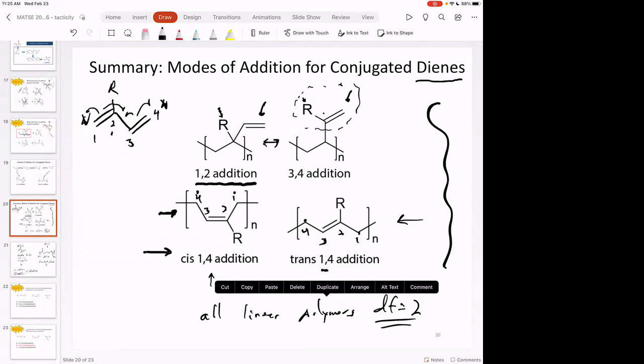So you can't take cis 1,4 addition polybutadiene and turn it into trans 1,4 addition because you can't rotate it anymore. It's stuck. Does that make sense? Yeah. And so they're different chemical isomers. Good. Any other questions on dienes?